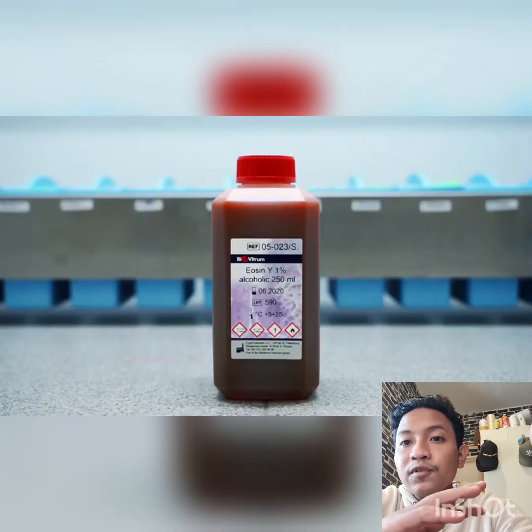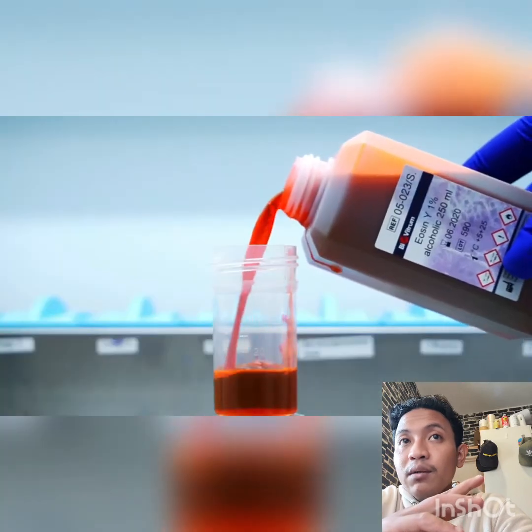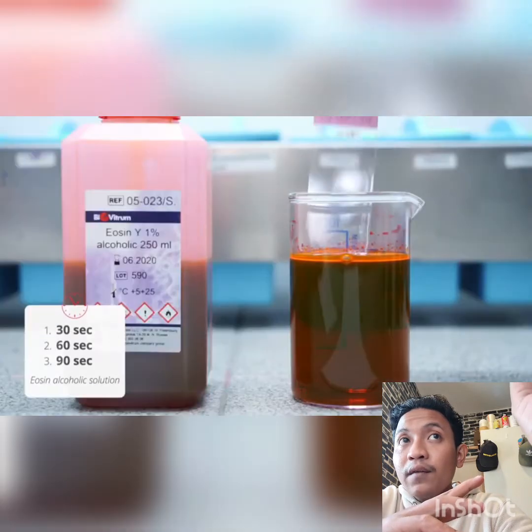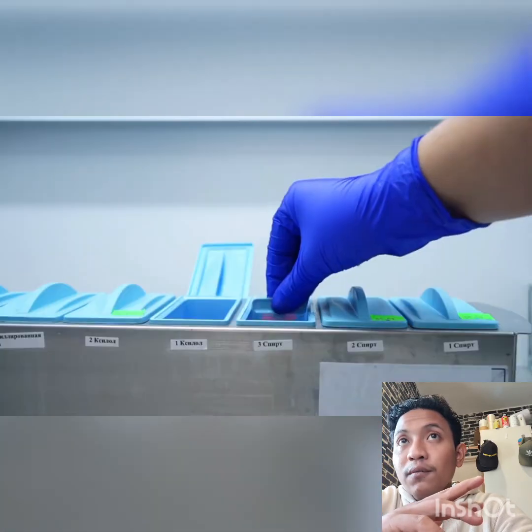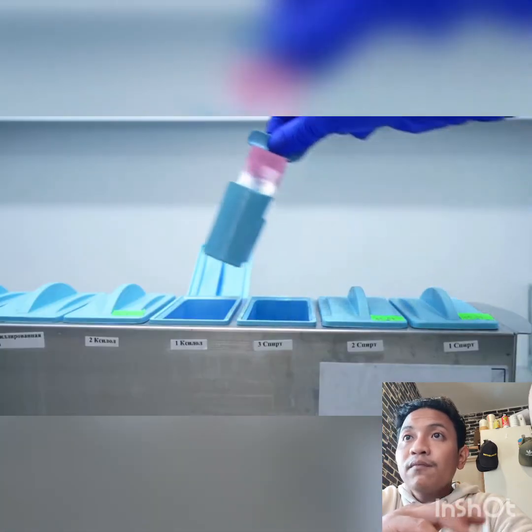So the purpose of staining is to highlight the important part of the cell or the tissue that we want to observe under the microscope.